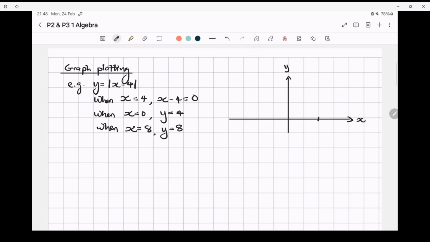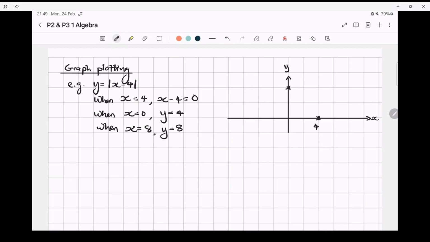You know that your graph actually hits the x-axis here, x equals 4. So this is 1 point. Then what you need is 2 other points.